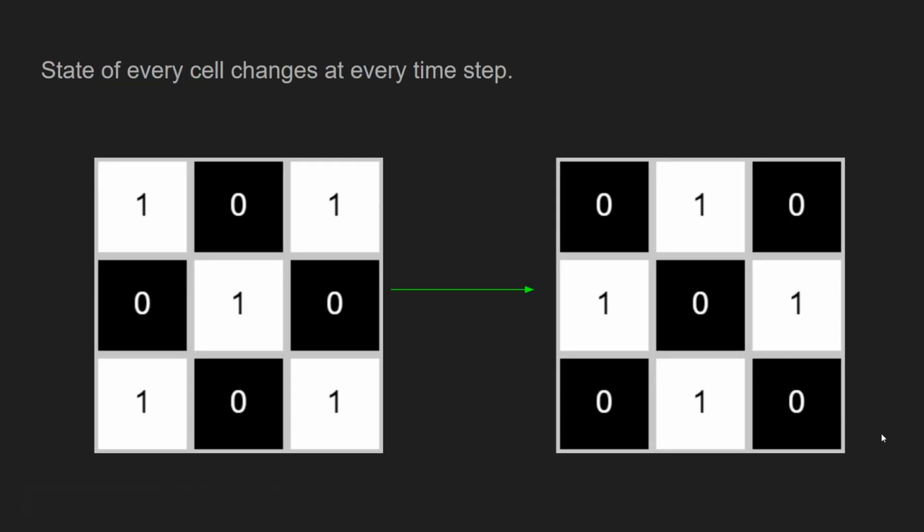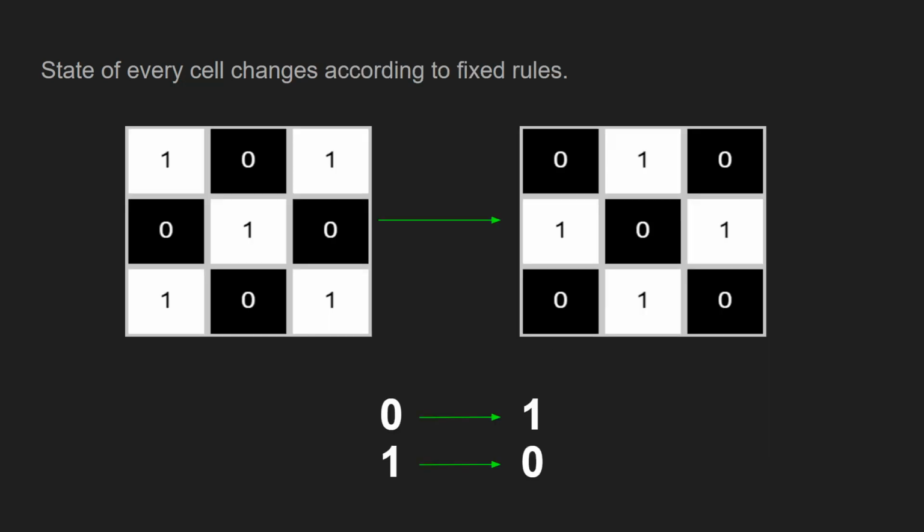The states change at every time step. That is, at t equals 0, we can have the state on the left side of the screen, in which we have 5 living cells and 4 dead cells. And at t equals 1, that is, at the next step, we can have this state. That is, it can change.